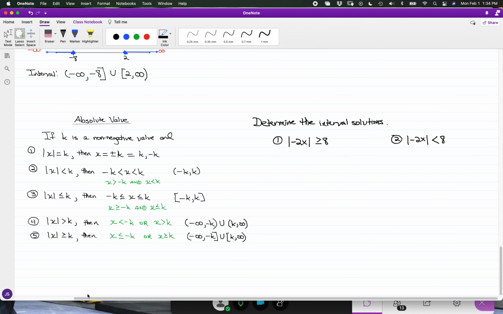So just looking at what we have in the inequalities. For the first one, we have the absolute value of negative 2x is greater than or equal to 8. So you have the absolute value of x represented by that of negative 2x, and k is represented by 8. So k is non-negative at 8. And the nature of this inequality is going to be like the last case.